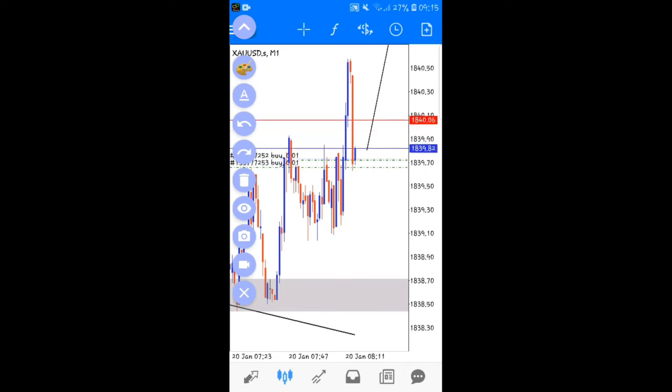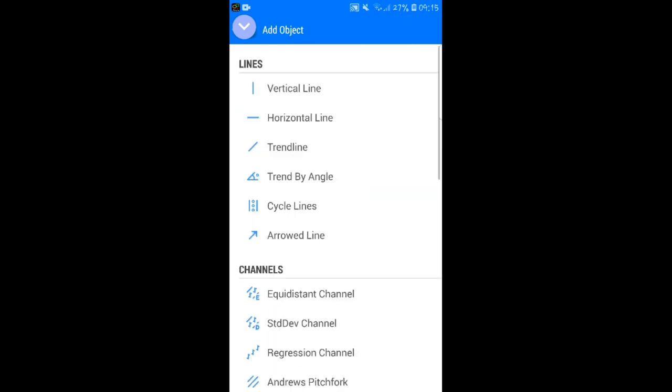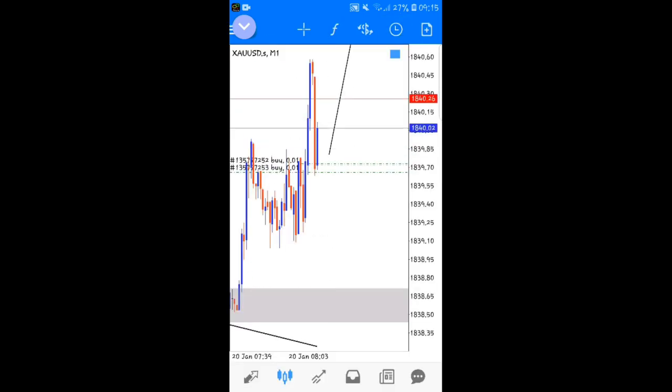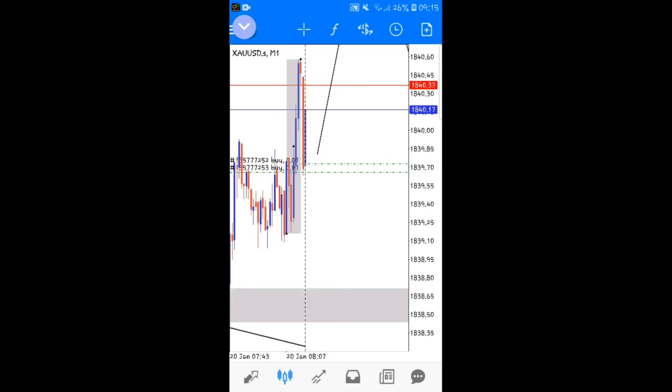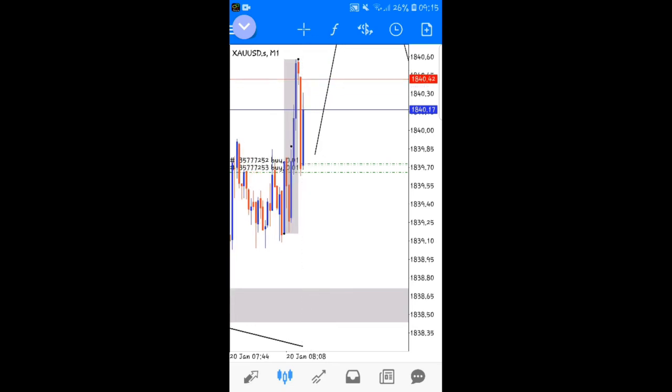So you can see that it's being exemplified on this level over here. I'm on M1, guys. So these are 3 bearish candlesticks that have engulfed this bullish candlestick over there. Maybe I'll do another video on that and explain the dominant break.